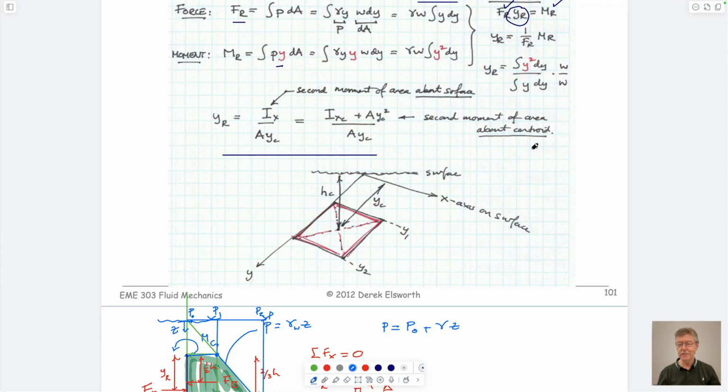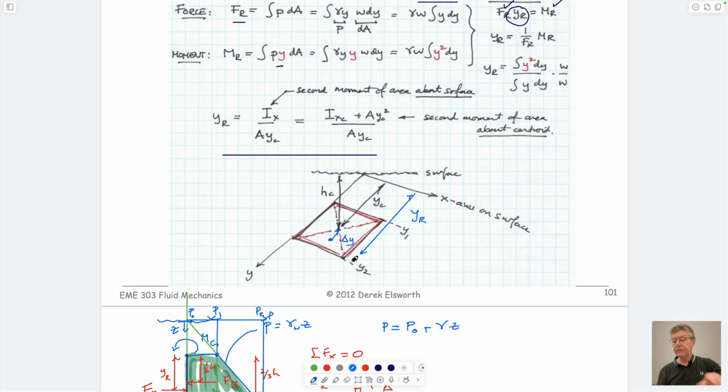So this y sub c is always the distance to the centroid from the surface. This is the kind of perspective view of that. And the location of action will always be some amount delta y below that. And this total length is what we do call y sub r. Always true.